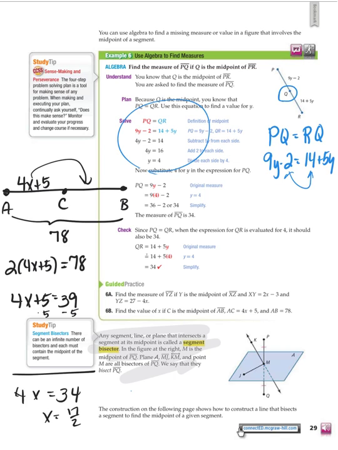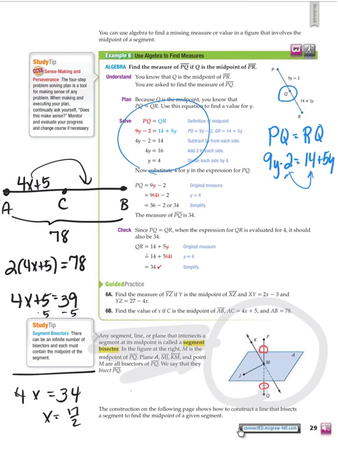So in the figure at the right here, we are shown that M is in the middle of PQ, and again, it's because of those little hash marks showing me that from M to P, it's the same distance as from M to Q. So having those little marks empowers me to know that M is in the middle.